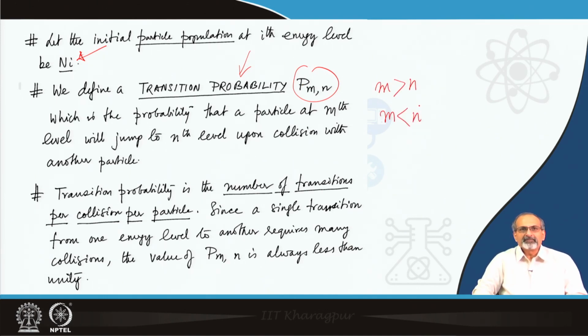Transition probability is the number of transitions per collision per particle. We have to take note of the definition. Again, to reiterate, it is the number of transitions per collision per particle. Now, for a given collision between two particles, there is no certainty that a transition will definitely happen.